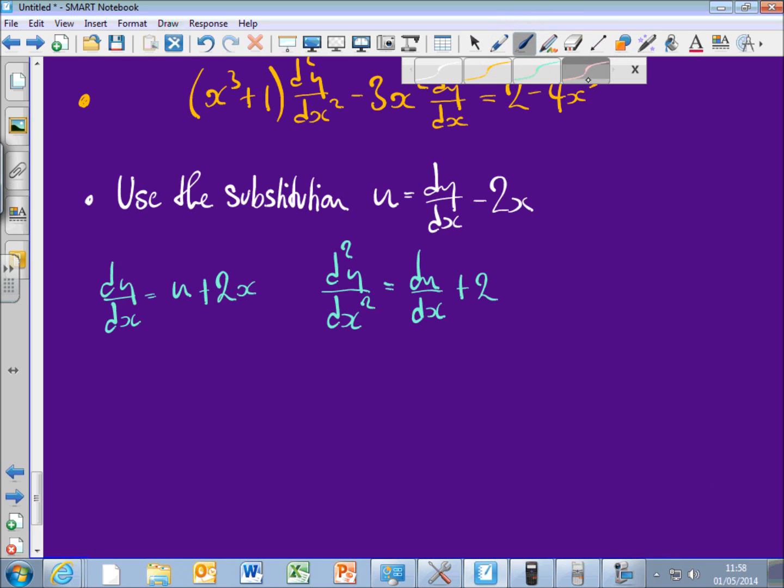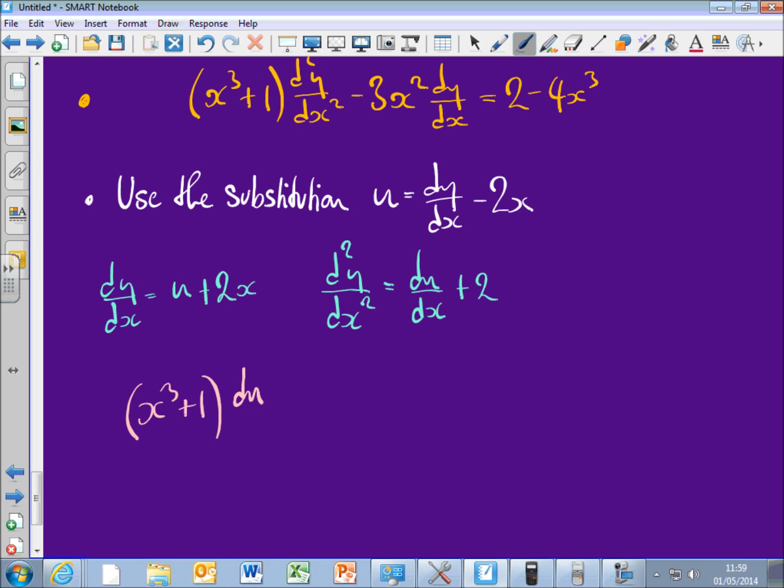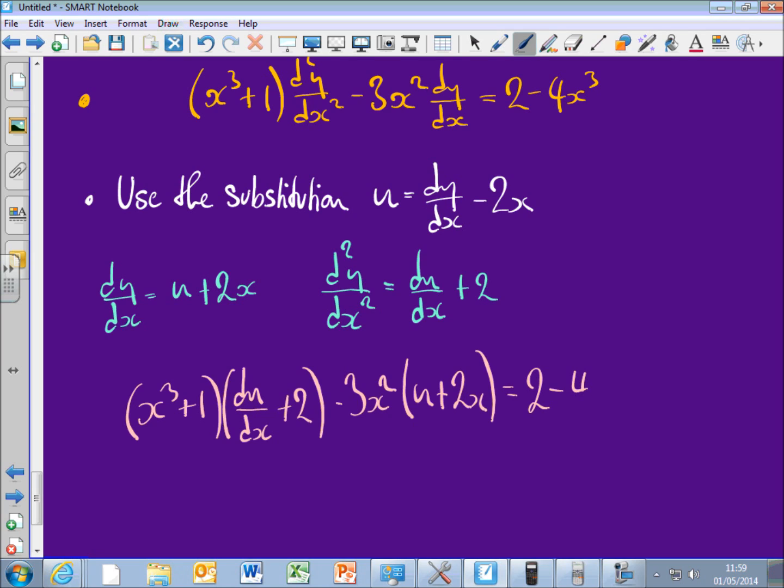Okay. So I'm going to get x cubed plus 1 times d2y/dx squared, so I'm going to put that in as du/dx plus 2, minus 3x squared dy/dx, well that's u plus 2x, and that should equal 2 minus 4x cubed. I've got rid of all the y's, right?